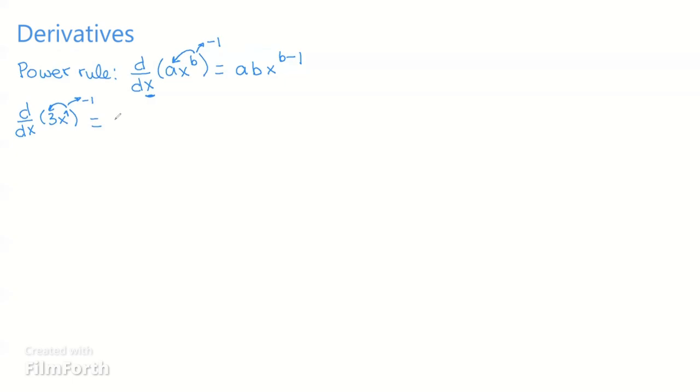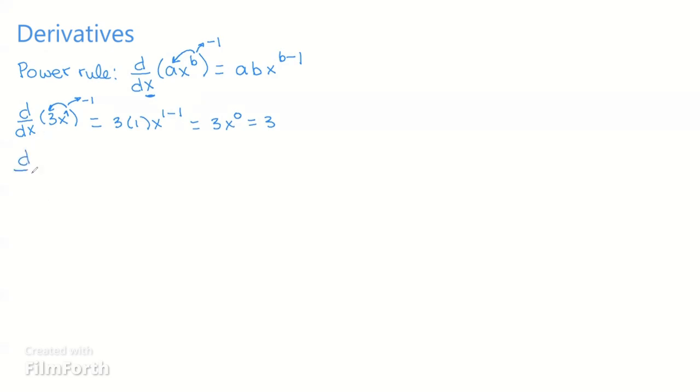So this derivative is equal to then 3 times 1 times x to the power of 1 minus 1. So 3 times 1 is just 3 times x. 1 minus 1 is 0. Anything to the power of 0 is just 1. So this is just equal to 3. So you can see there might be some shortcuts you can do so you don't have to go through this whole process the entire time, but I do recommend you do this if you're just starting out.